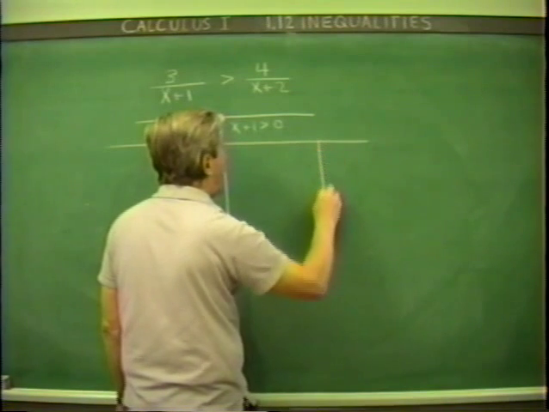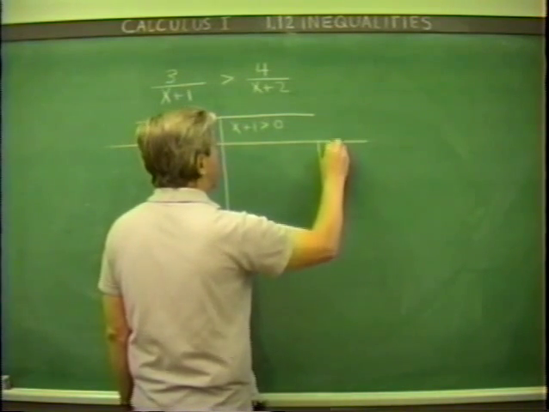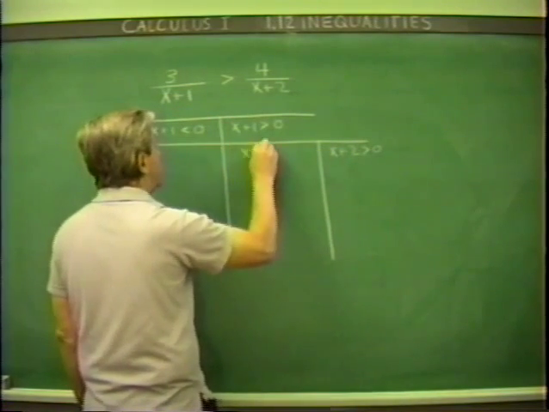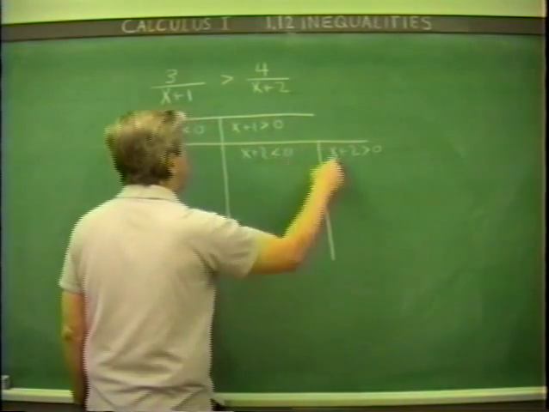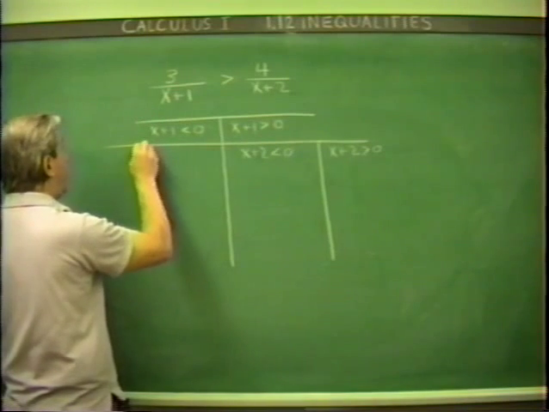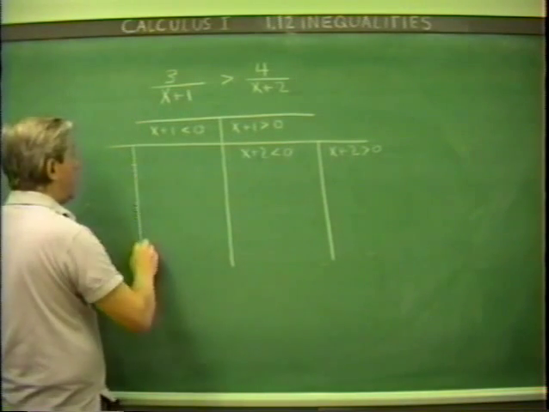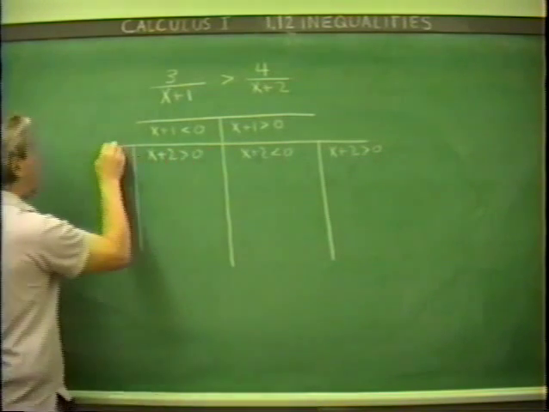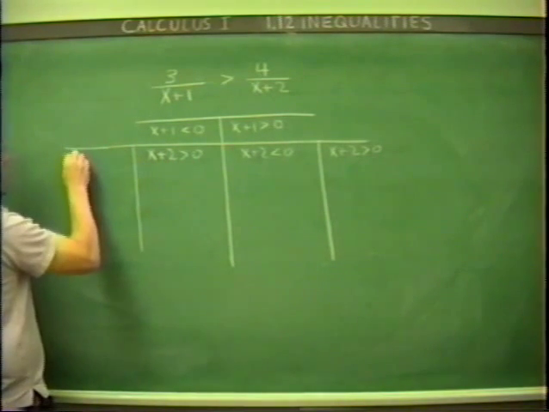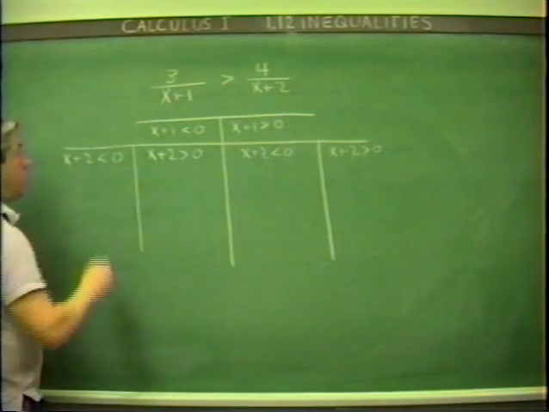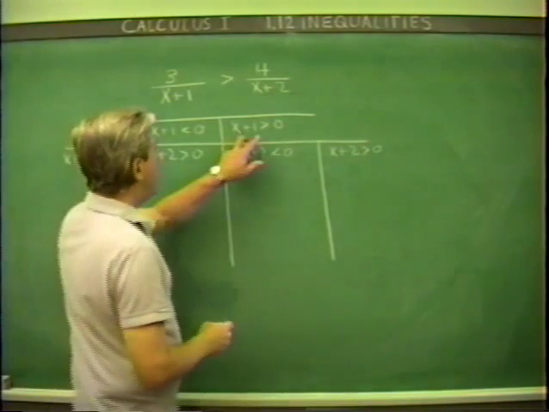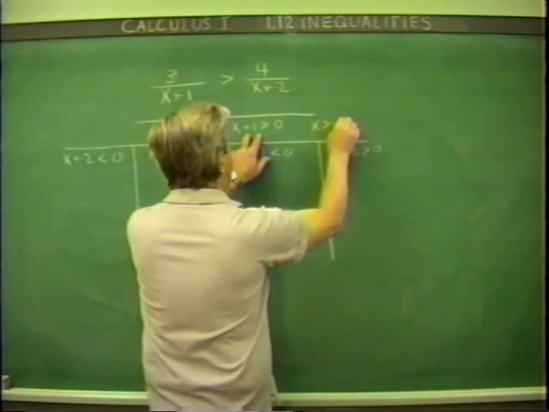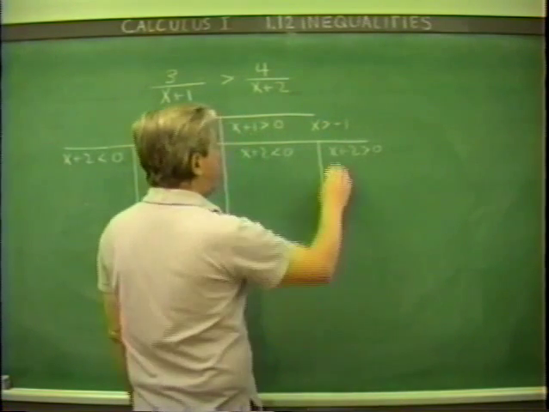Right? Now let's take each of those two cases and divide them into additional cases. x plus 2 greater than 0, and x plus 2 less than 0. We don't have to consider equal to 0 because this is not defined in that case. Likewise here, x plus 2 greater than 0, and x plus 2 less than 0.